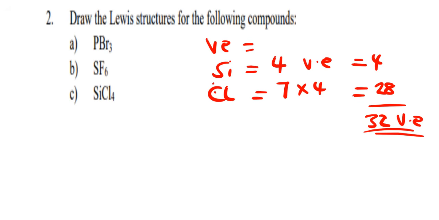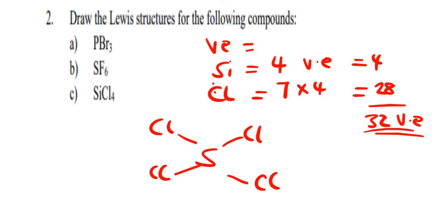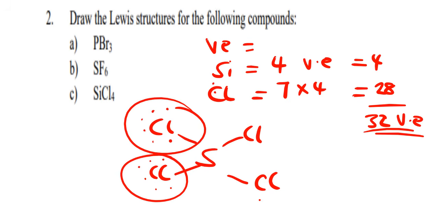So now how are we going to do this? We're going to put silicon at the center. Then we put our electrons. So we've got 4 of them. Let's say this is this one, and that one, and that one. So this is chlorine, this is chlorine, this is chlorine, this is chlorine. Okay, 32. So let's start: 1, 2, 3, 4, 5, 6. So we've used 8. 1, 2, 3, 4, 5, 6. We've used another 8. 1, 2, 3, 4, 5, 6.